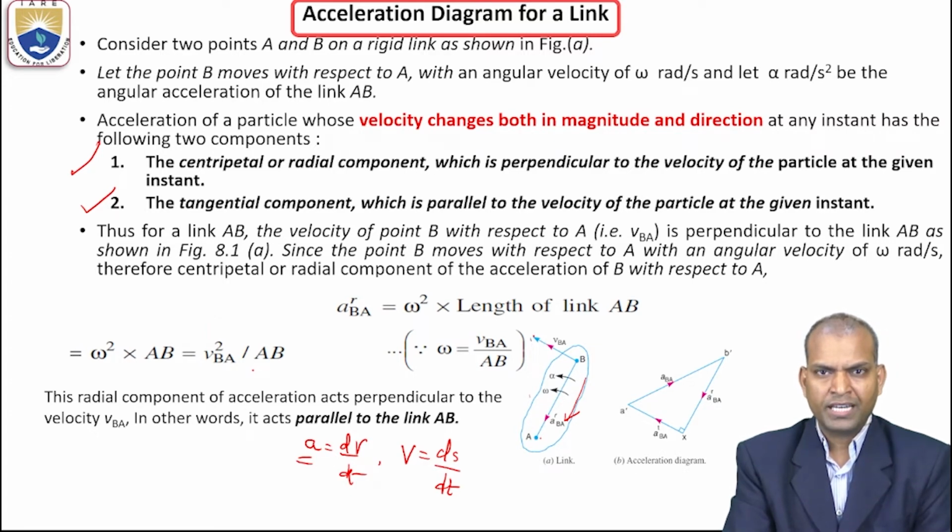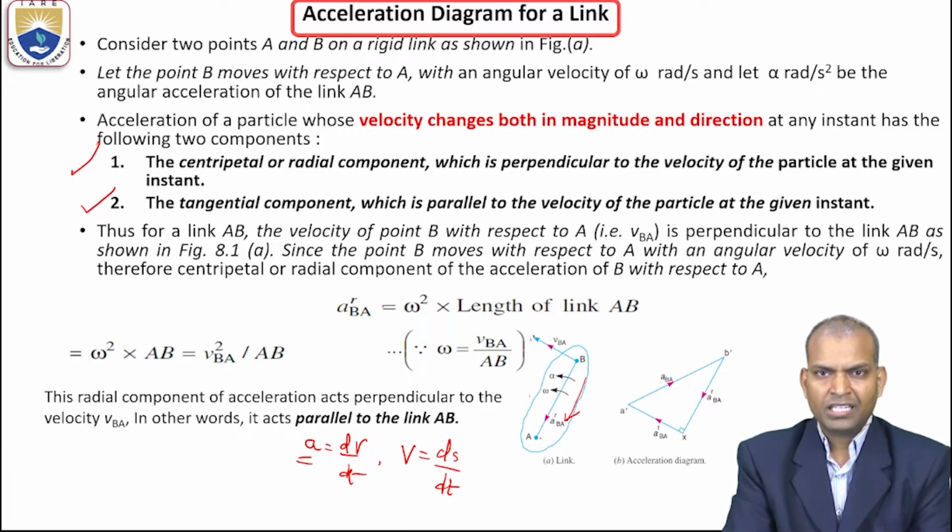The radial component direction is parallel to the link, or perpendicular to the velocity component. And the tangential component direction is perpendicular to the link and parallel to the velocity of the particle.